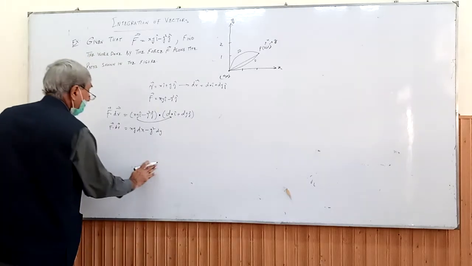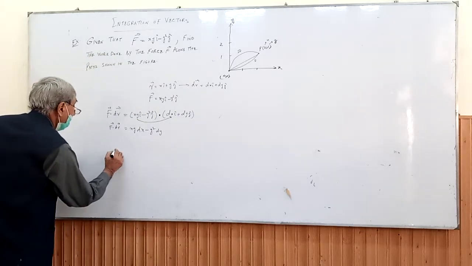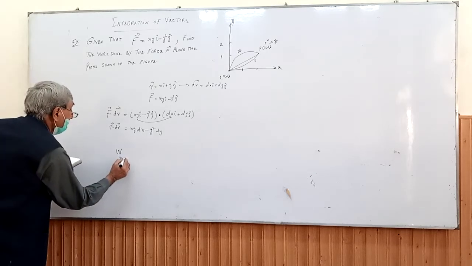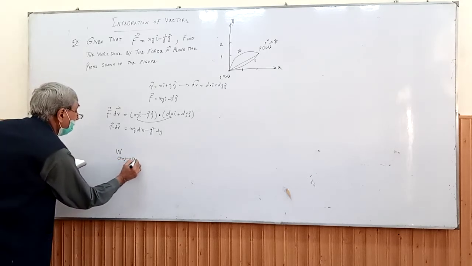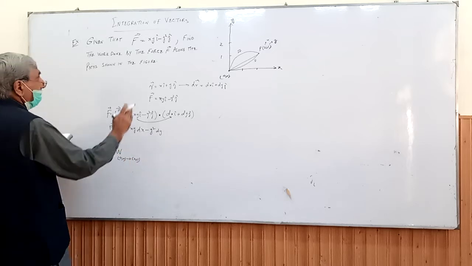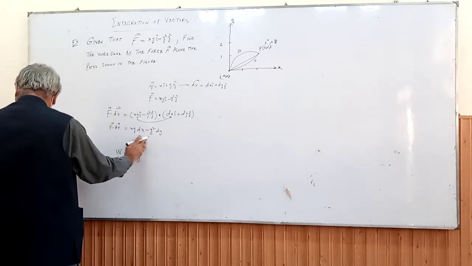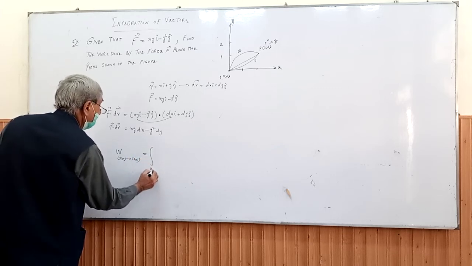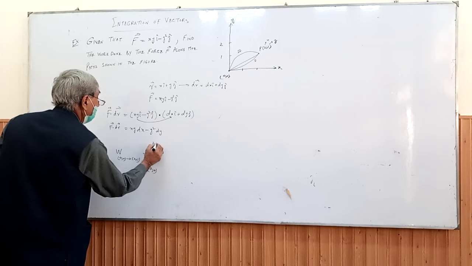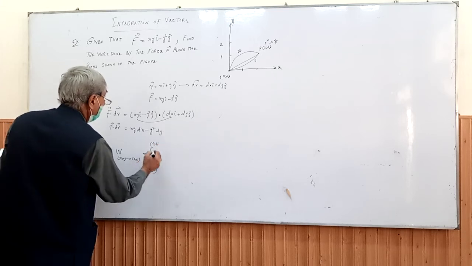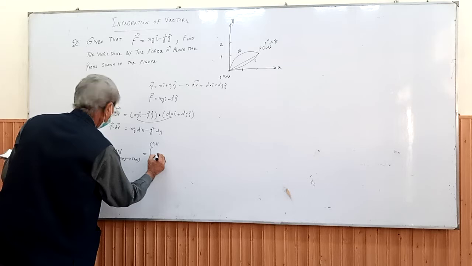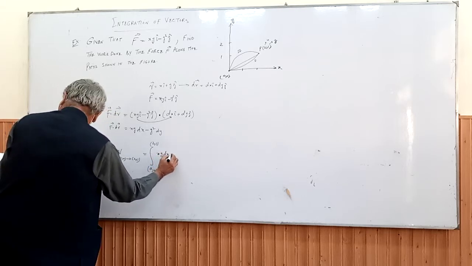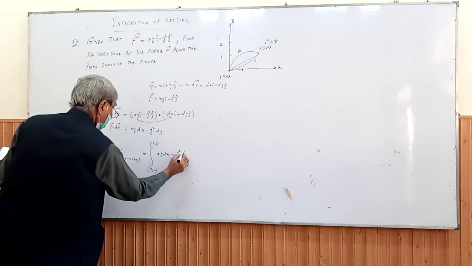And therefore, now we are going to find W, the work done from the point 0, 0 in the figure to the point 2, 1 by this force. And this will be the integral from the point 0, 0 to the point 2, 1 of F dot dr, which is xy dx minus y square dy.